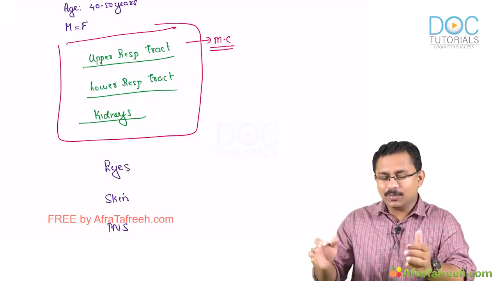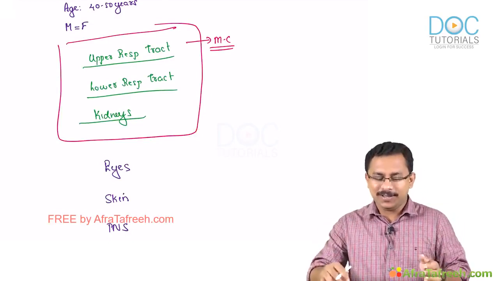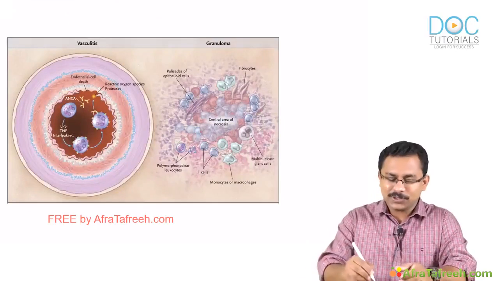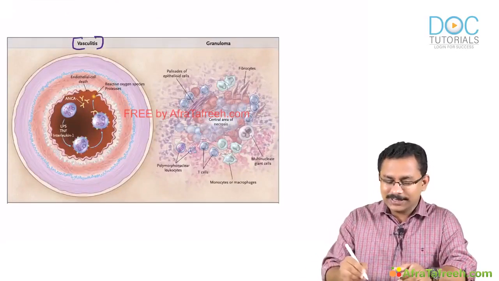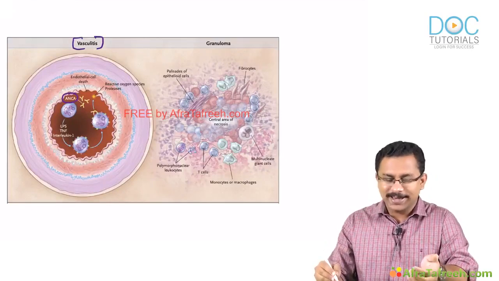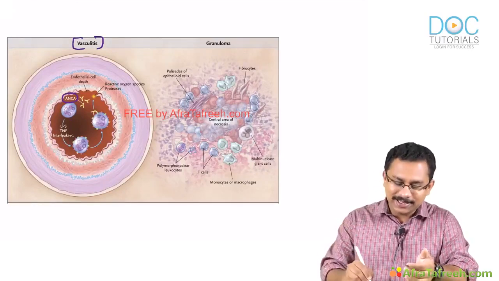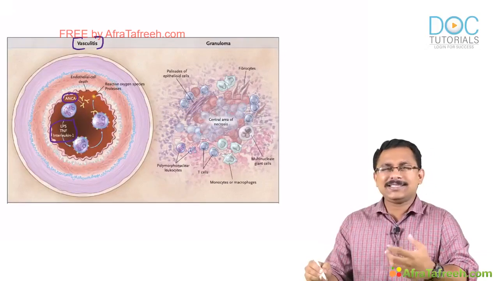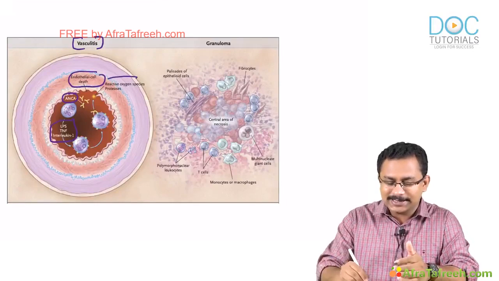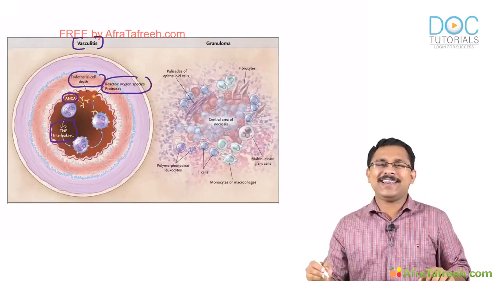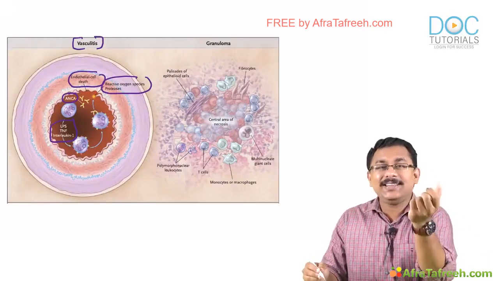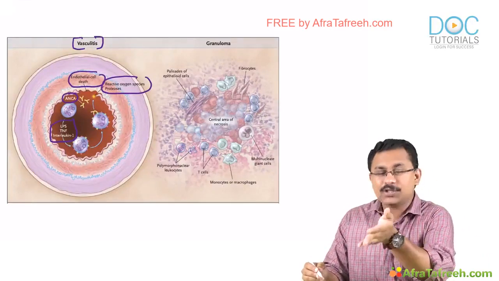And whatever be the site involved, the pathology is predominantly a vasculitis. Okay, so it is related to your ANCA, the anti-neutrophil cytoplasmic antibodies, which is inciting release of certain cytokines and subsequent damage to the endothelial cells, as well as release of certain reactive oxygen species, which is responsible for inciting the vasculitis in this individual.